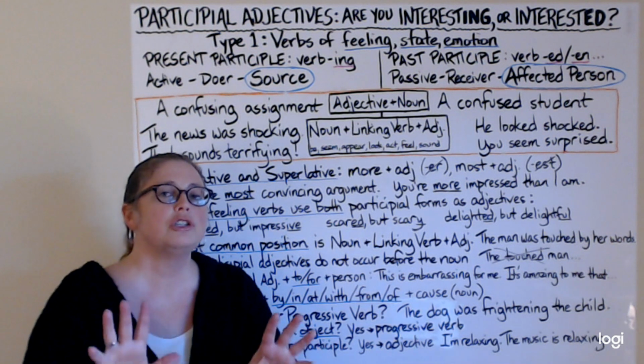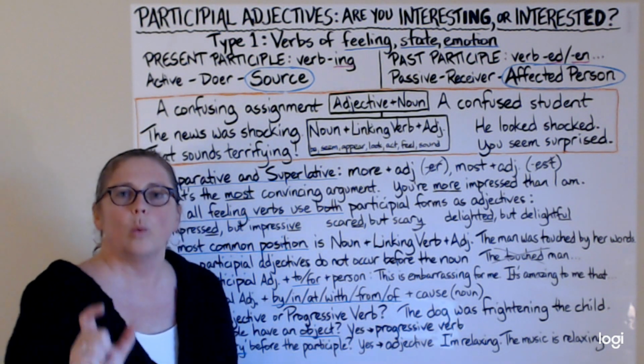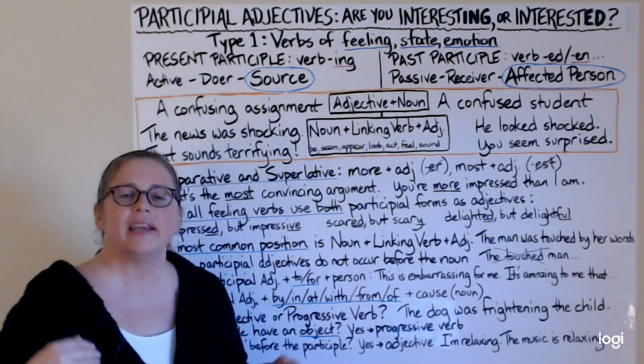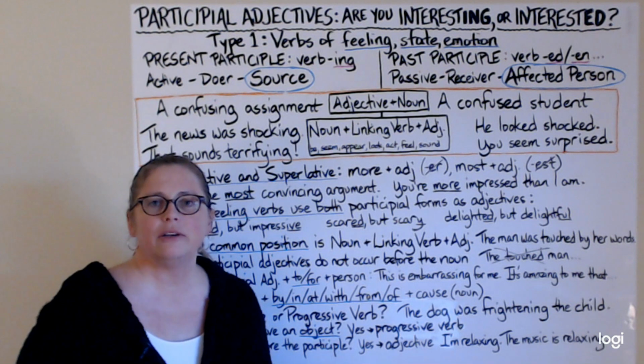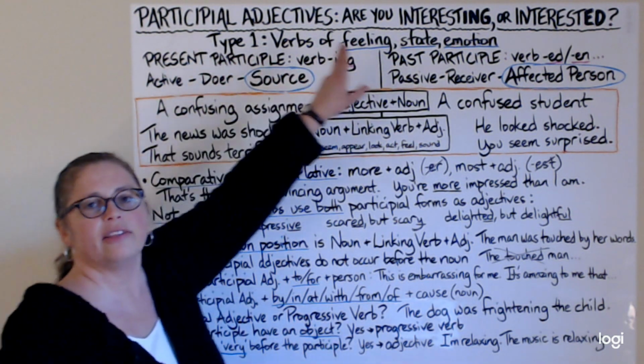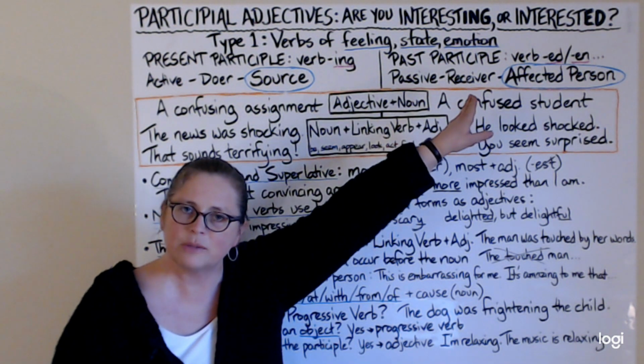Some languages use these feeling words as verbs. But in English, it is more common to use them as adjectives. So let's look at these two different participles, the present participle and the past participle.